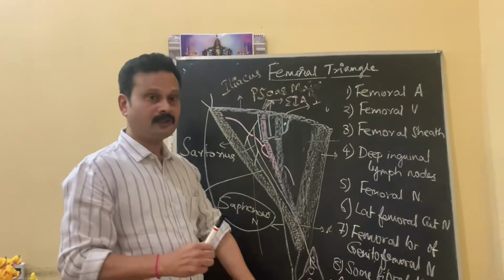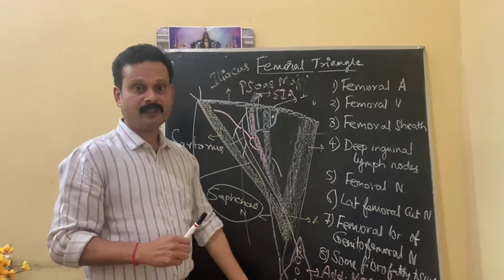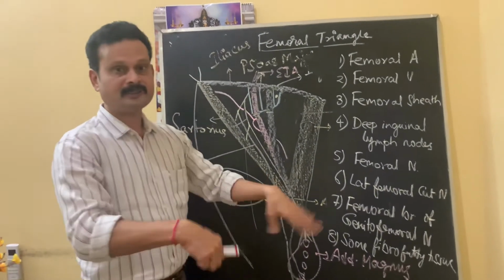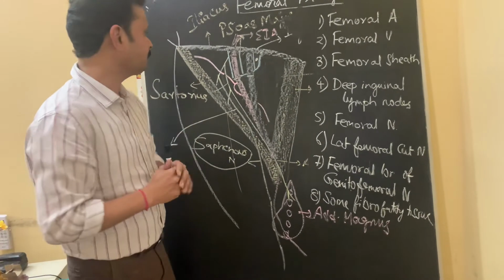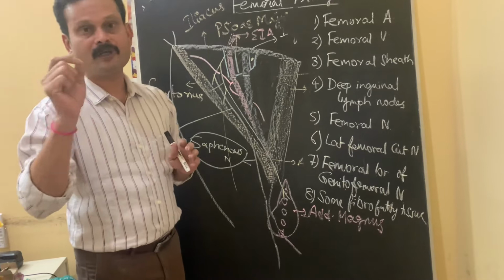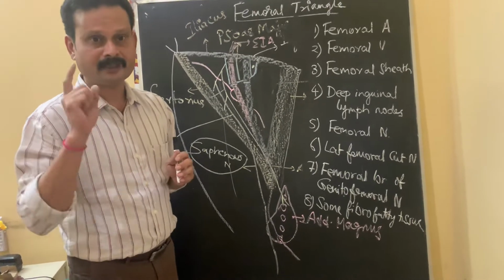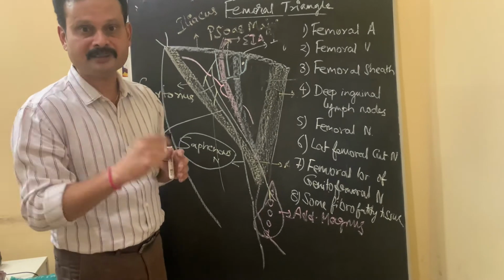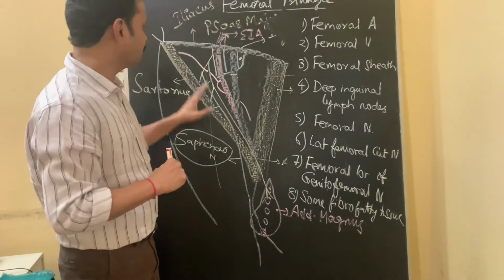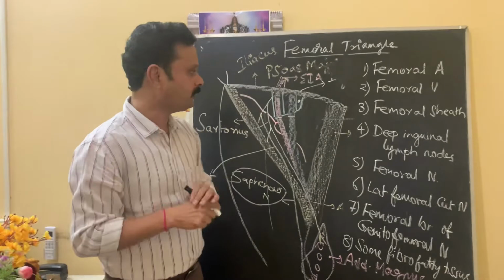It descends downwards, enters the region of the leg, enters the region of the foot and ends by supplying the corresponding region. The other 4 muscular branches are to the quadriceps femoris, that is rectus femoris, vastus lateralis, vastus medialis and vastus intermedius. Is it clear? So this is all about the femoral nerve.